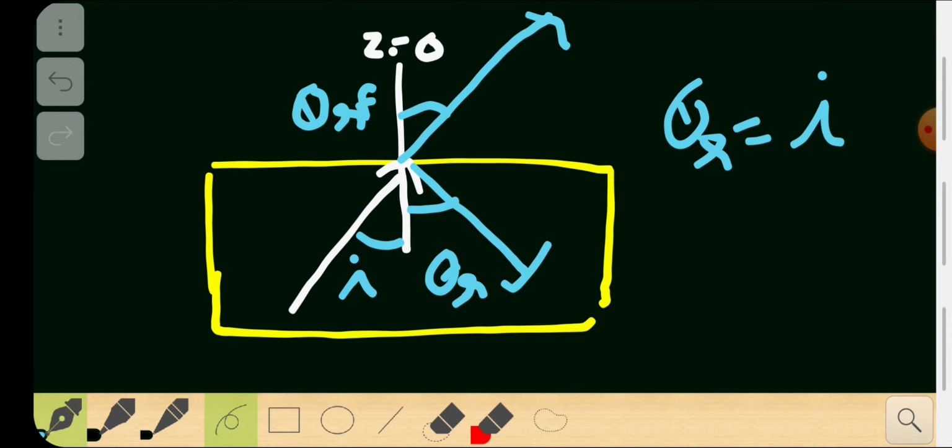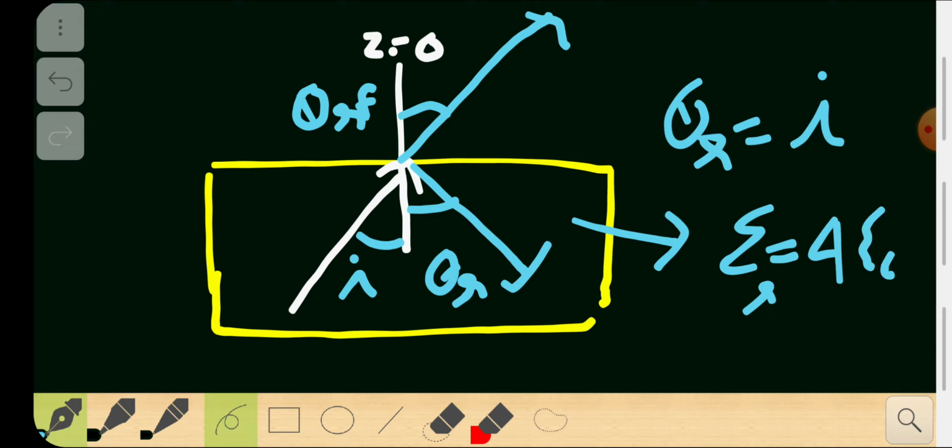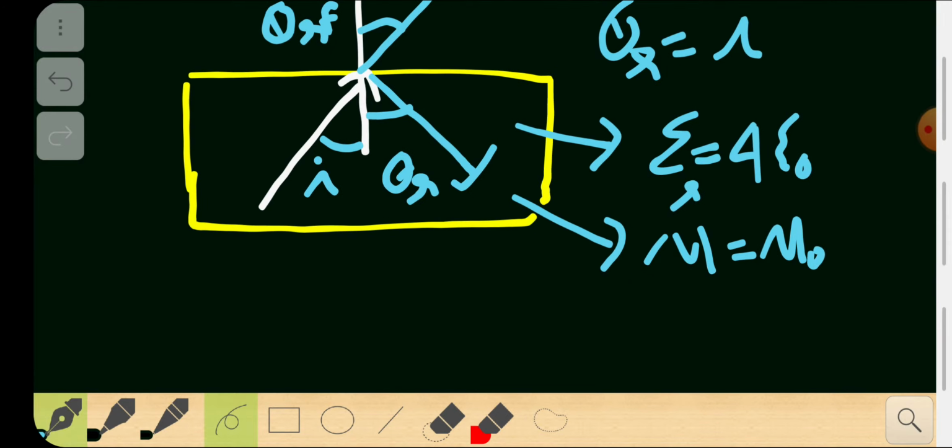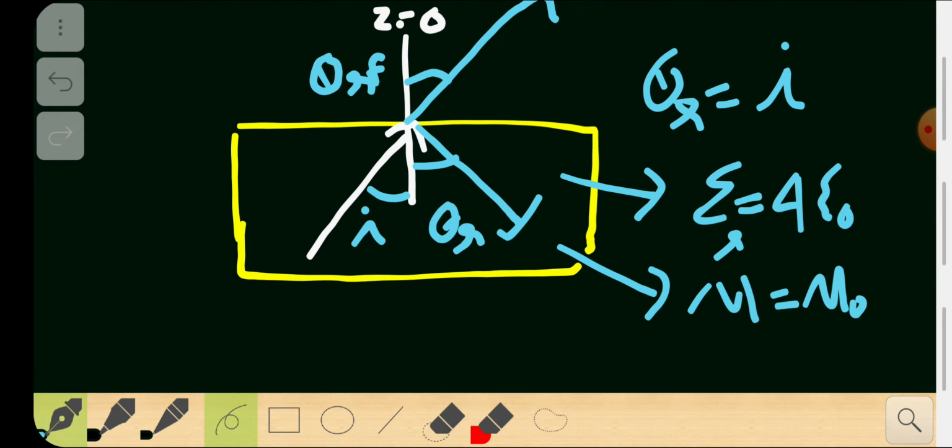That's one thing. You don't need the magnetic field to evaluate the condition. One more thing they have given is that inside this dielectric, epsilon is equal to epsilon r, which is 4 times the permittivity of free space, and mu is equal to mu 0, the same magnetic permeability. Now I can simply write down Snell's law.